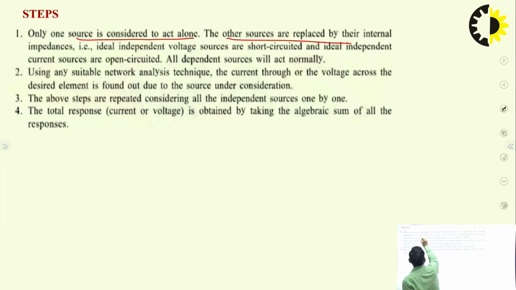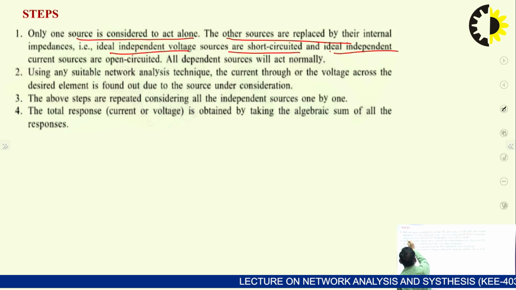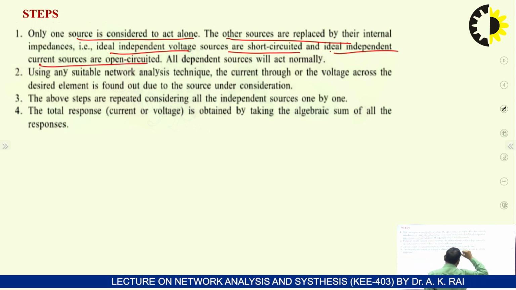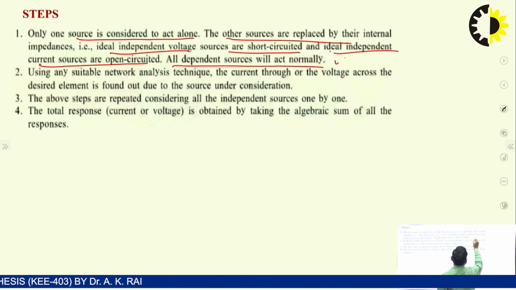The ideal independent voltage sources are short circuited, because a zero resistance wire looks like a short circuit. Ideal independent current sources are open circuited, because the internal impedance of an ideal current source is infinite, so it looks like an open circuit.